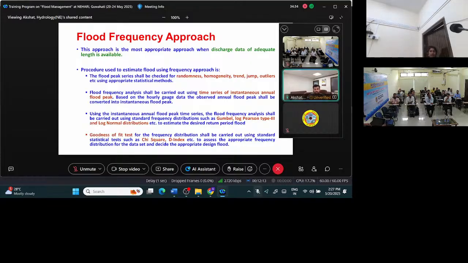In flood frequency approach, we first prepare the annual peak series. What does that mean? We'll prepare a series of annual peaks. We'll select a single peak from one water year, and so on. If we have 25 years of data, we'll have 25 annual peaks.